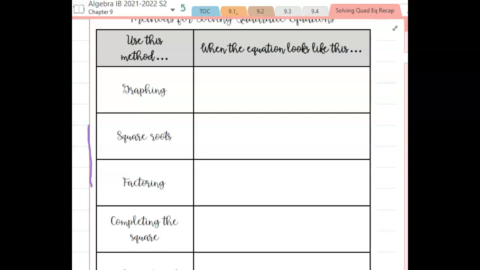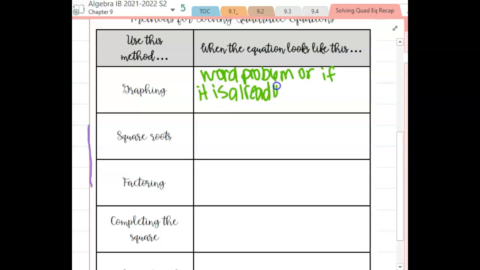So for graphing, you are going to use graphing, probably never, honestly. But there's a case, or a couple cases, when you would use graphing. If it's a word problem, or if it is already graphed for you.